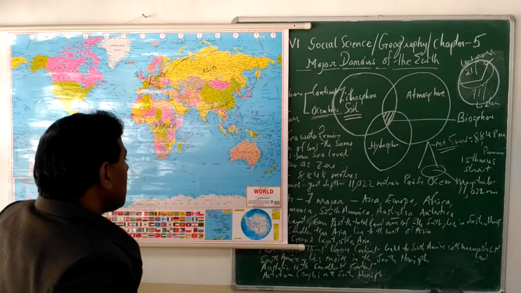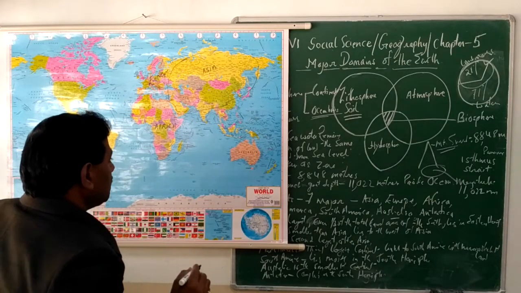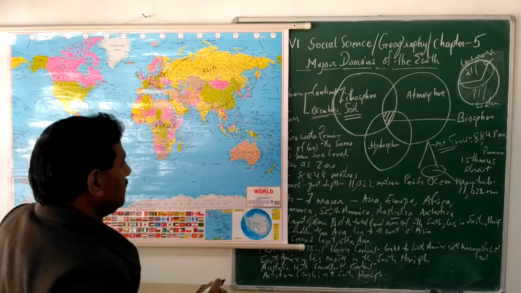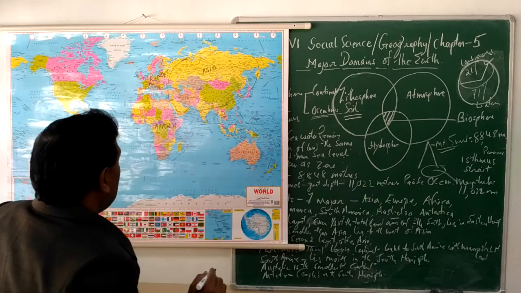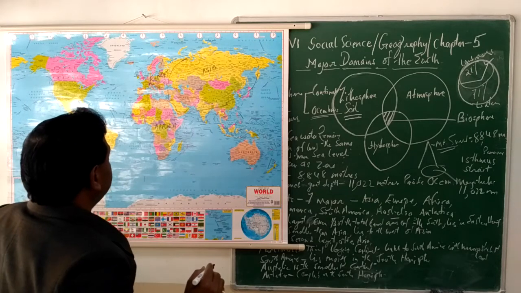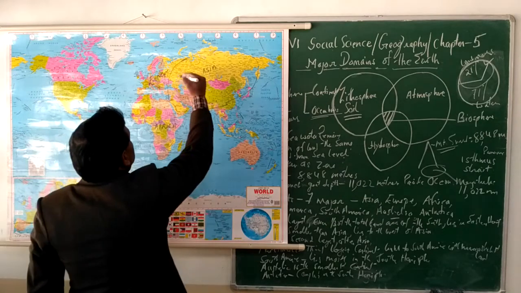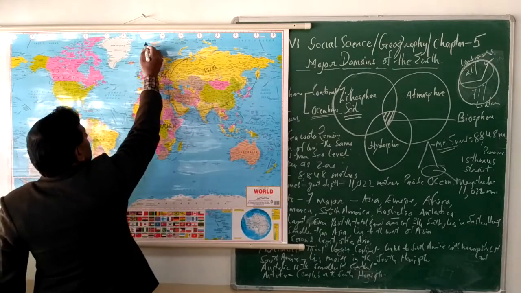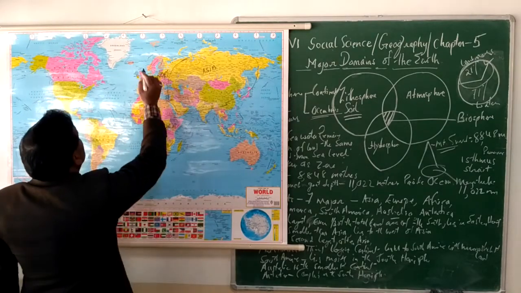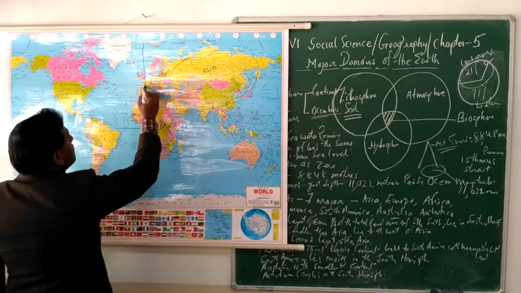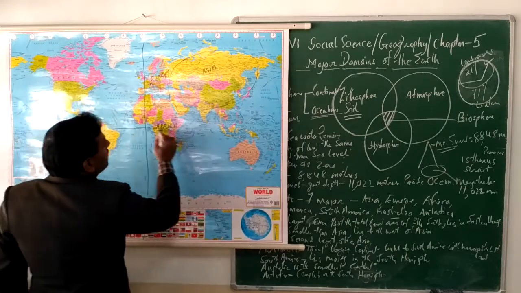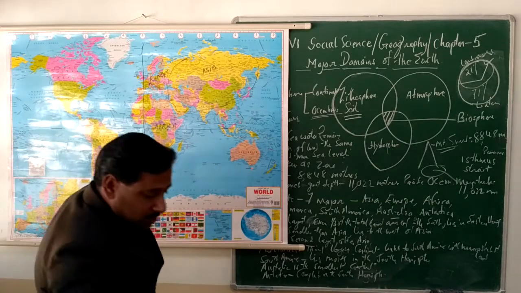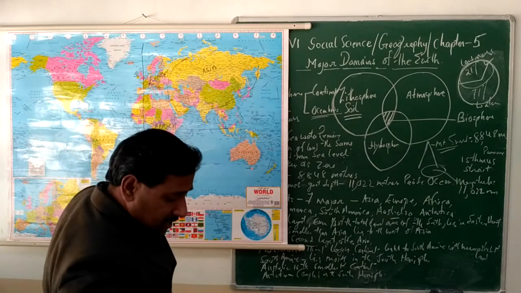It totally lies in the eastern hemisphere. Let me draw to explain more easily. This is your prime meridian, and if you see this upper part, this is your eastern hemisphere.